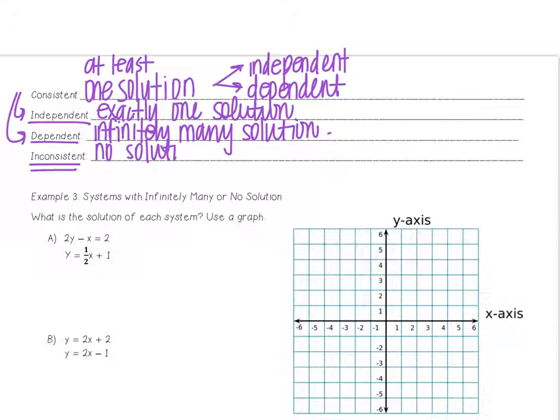And what type of lines don't cross? Parallel lines. So if you end up with the same slope and different y-intercepts, you've got parallel lines, which means they do not cross. If you have the same slope and the same y-intercepts, then what you have is a dependent system because you have the same line.